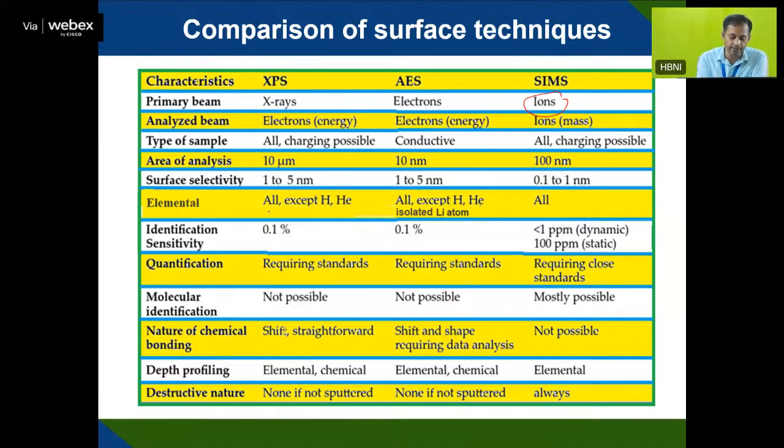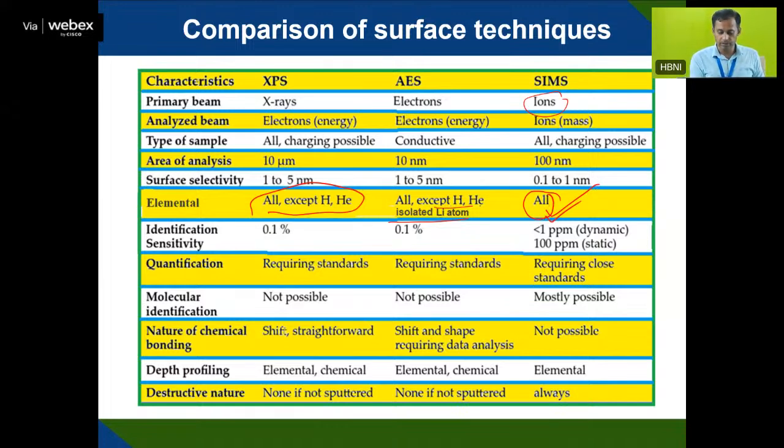All elements except hydrogen and helium are possible in the case of XPS. Hydrogen has 1 electron and helium has 2 electrons, so they are not possible to detect in XPS; except for these two, all elements are possible. In AES, hydrogen, helium, and lithium are not possible, but all other elements can be analyzed. Using SIMS, you can analyze all elements.